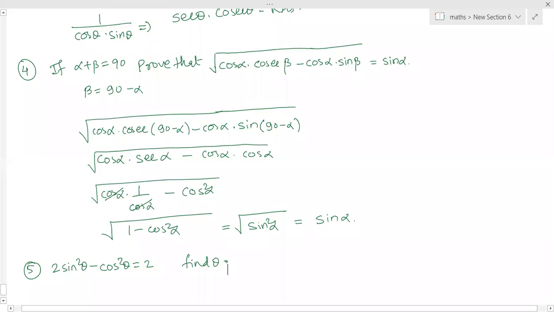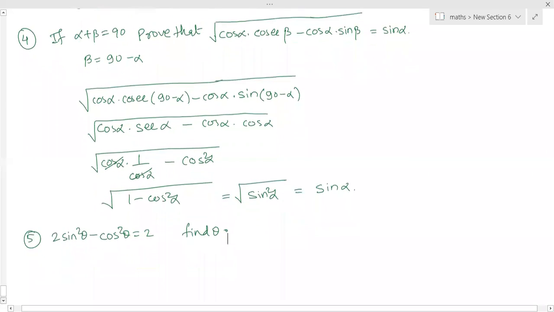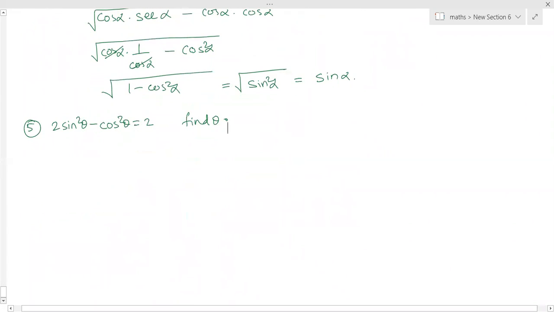Anyone? Any idea? Ma'am, can we take it like 2 sine square theta equals 2 plus cos square theta, then sine square theta equals 2 plus cos square theta by 2. Ma'am, 2 sine square theta minus 2 equal to cos square theta.